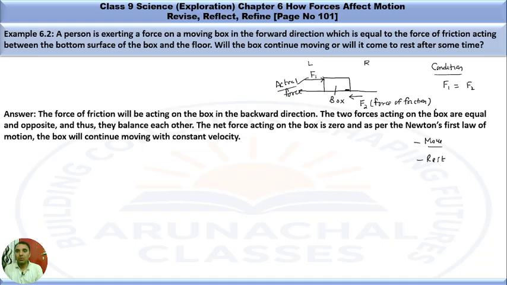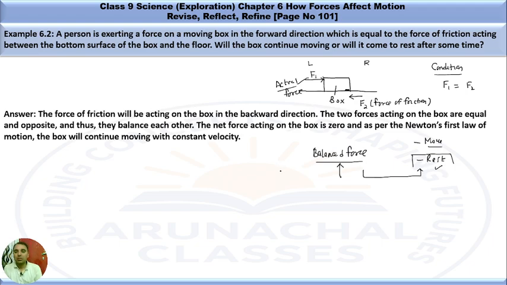So it is all about the condition that if both the forces are equal in magnitude, however the direction is opposite, they will cancel out each other's effect. So it is considered to be a balanced force. This balanced force is acting on the object. So it shows that the object will not move, or we can say the box will be at rest.